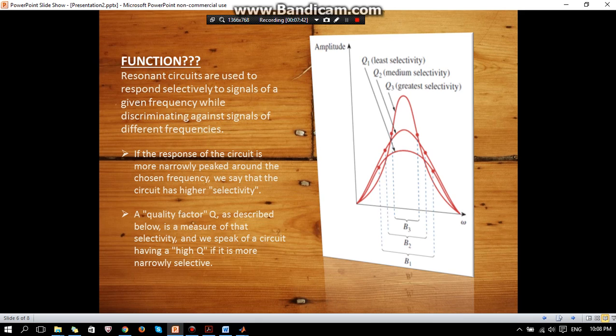If the response of the circuit is more narrowly peaked around the chosen frequency, we say that the circuit has higher selectivity. A quality factor Q, as described below, is a measure of that selectivity, and we speak of a circuit having a high Q if it is more narrowly selective.